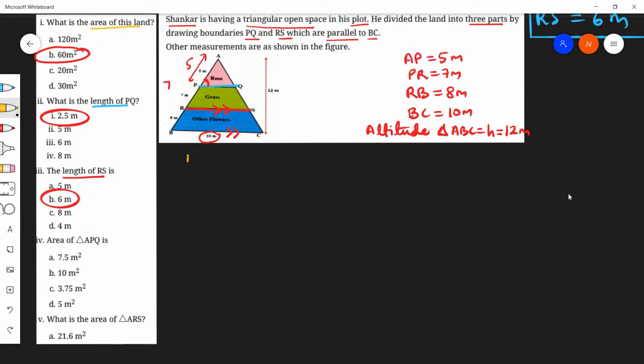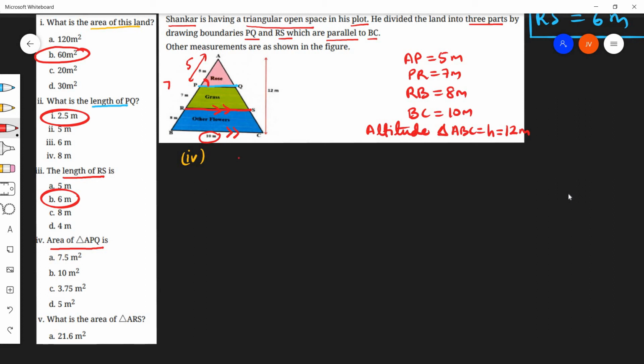Now let us answer the fourth bit of the question. The question is area of APQ. APQ is the zone written in pink color. Since we have similar triangles, and whenever the word area comes, we can take theorem 6.3 of the triangles chapter, the 6th chapter, that the ratio of areas of two similar triangles is the same as the ratio of squares of their corresponding sides.